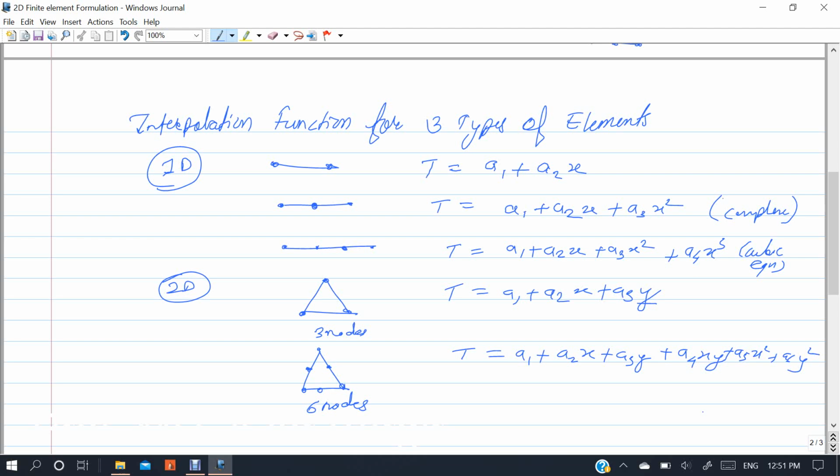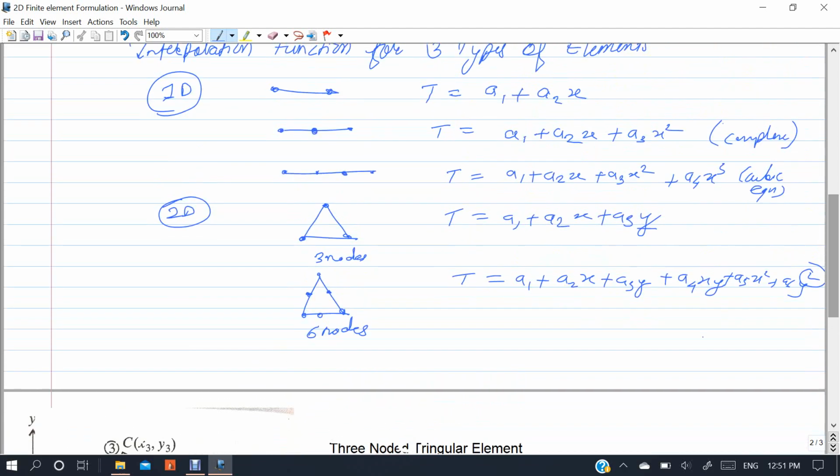So it goes to second order interpolation function of a quadratic element. So this is for the 2D element. Now I will drop this first one.